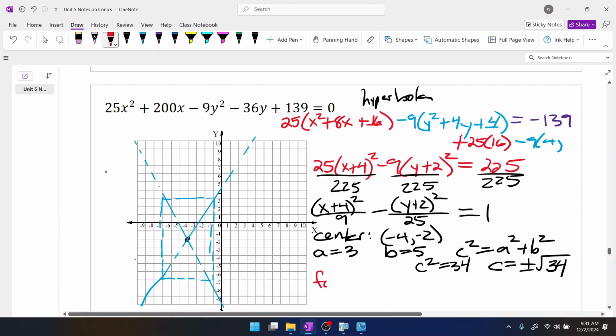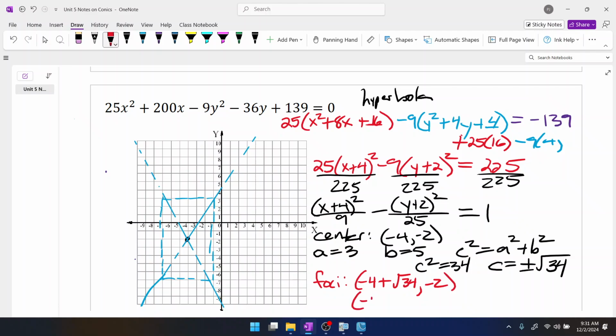So the focus, or the foci, where's the foci for this going to be located? Well, the y-coordinate is going to be negative 2, and it's literally going to be negative 4 plus root 34, negative 2, and negative 4 minus root 34, negative 2.